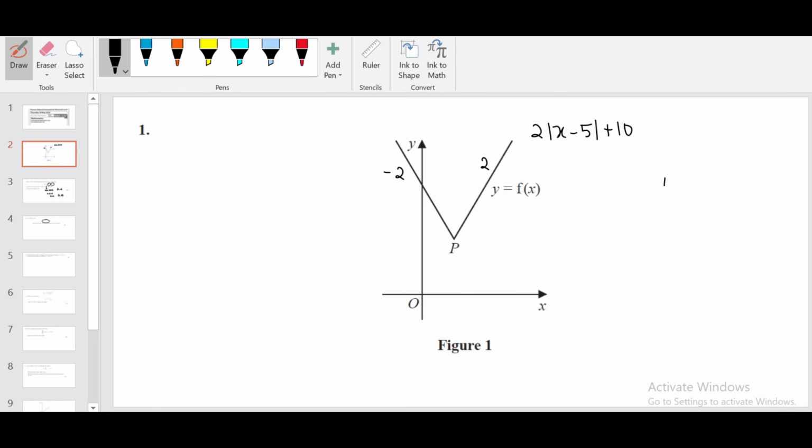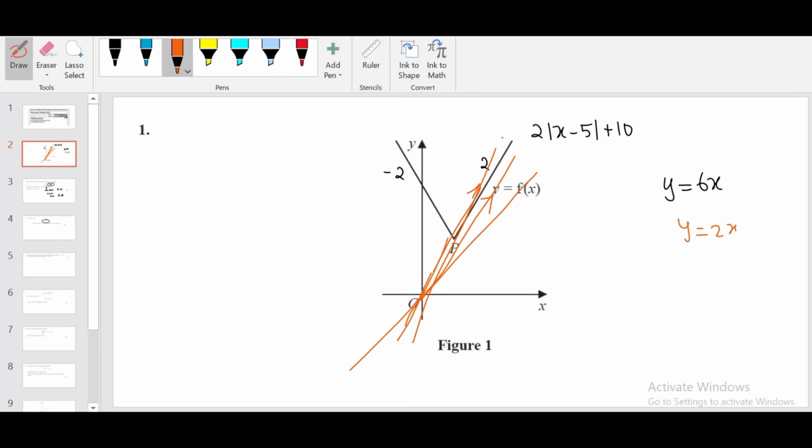Now we are talking about another line, y is equal to 6x. If it's y is equal to x, the line will be like this. If y is equal to 2x, the line will be like this, parallel to this, just parallel to this positive arm.